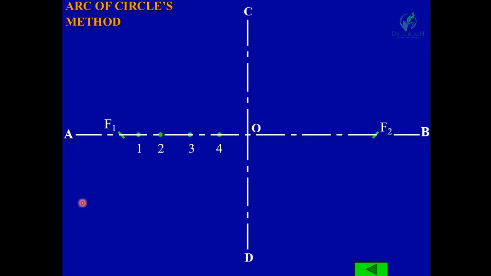Okay. Now we have to draw the arcs. So for that, first of all, take center F1 and radius equal to A1, and draw one arc. Okay. Similarly, draw an arc on the other side of AB, with the same radius A1.